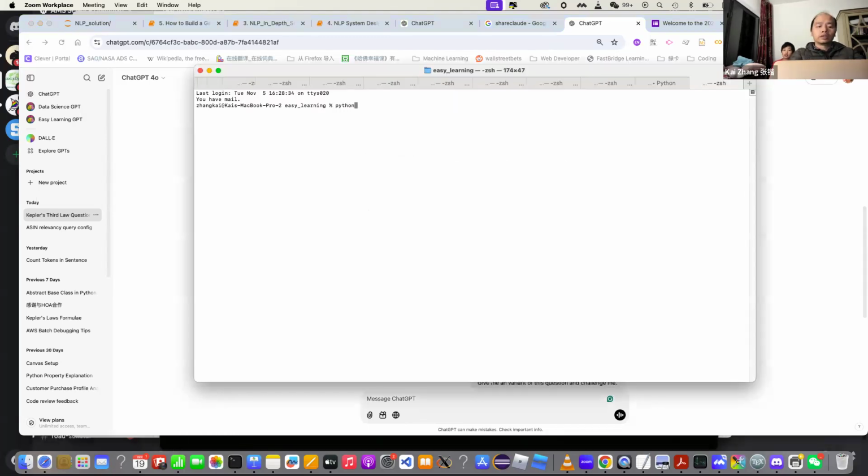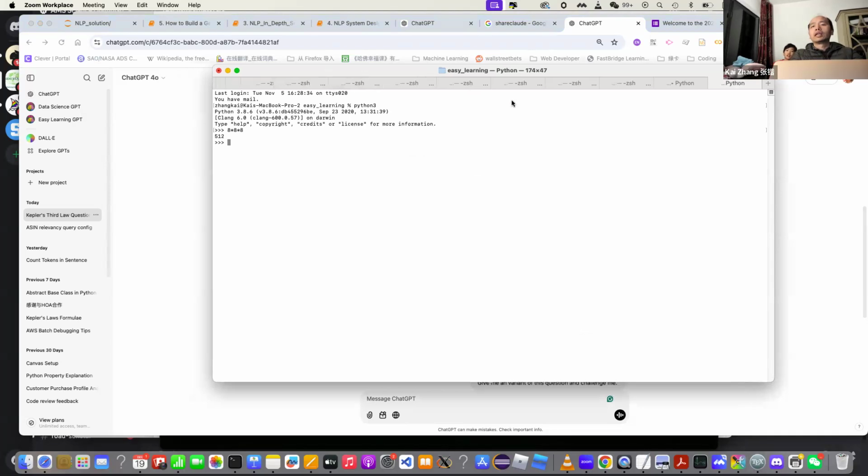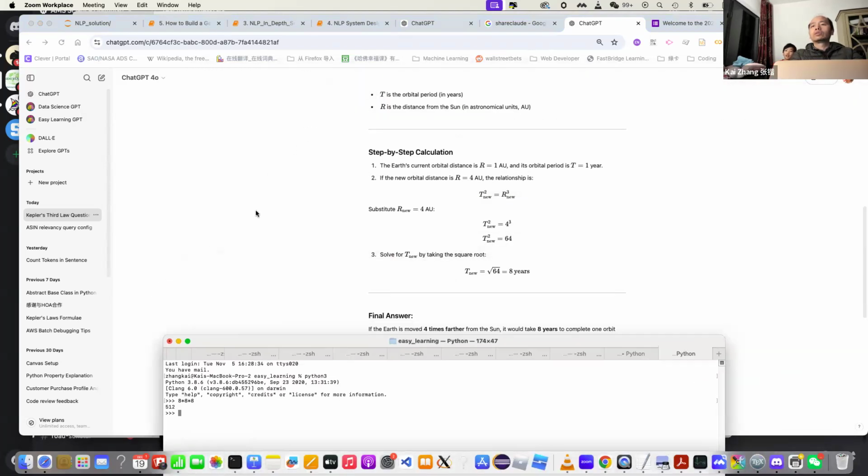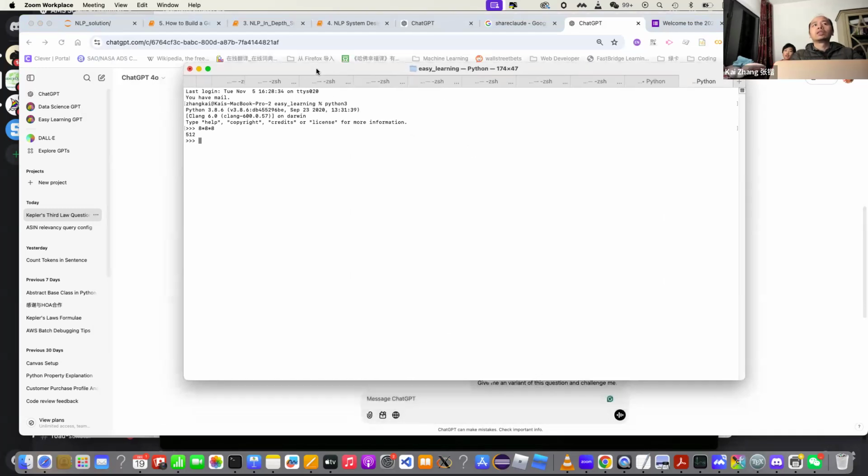So it is 8 multiplied by 8 multiplied by 8, which is 512. And then you take the square root of this number.